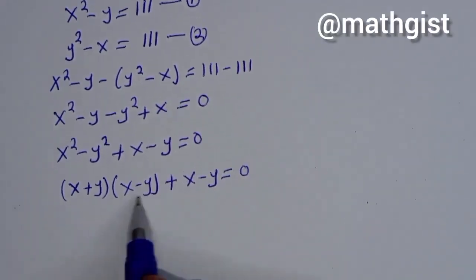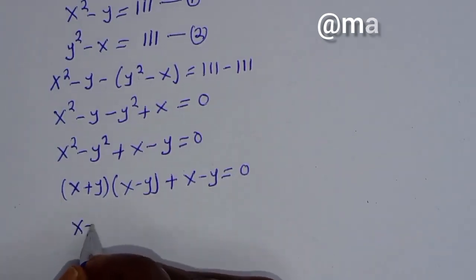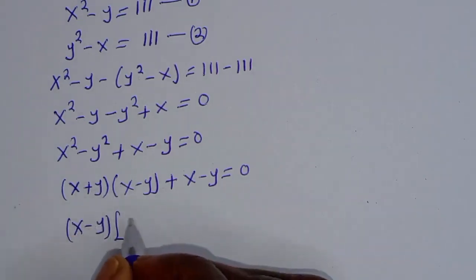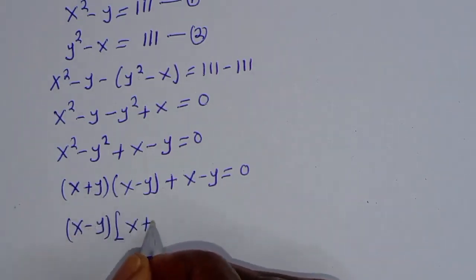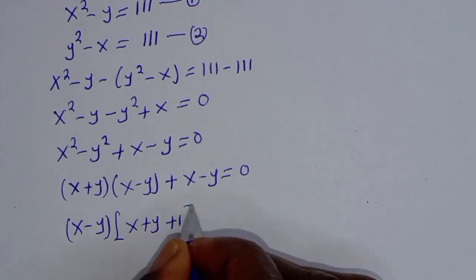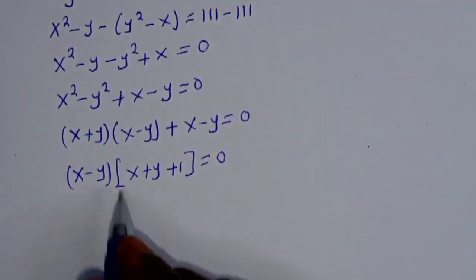Then if you look at this, x minus y is common. Let's bring it out. x minus y bracket, if you divide this by this, we have x plus y, and if you divide this by this, we have 1, is equal to 0. There are two cases here.